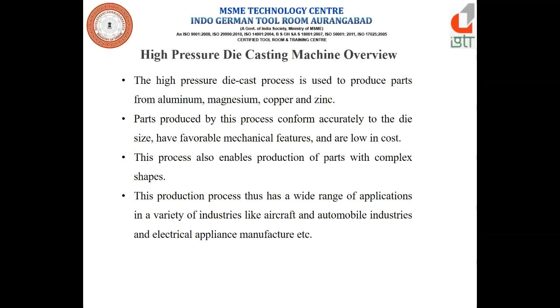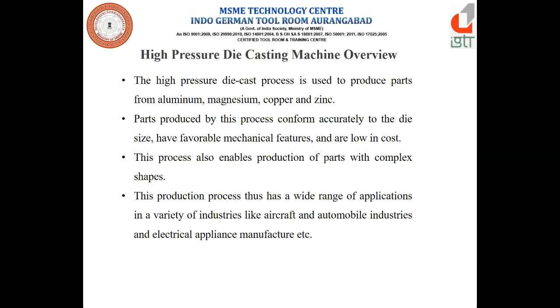This high pressure die casting process is generally used to produce parts from metals such as aluminum, magnesium, copper, and zinc. In this process, the molten metal is forced into the die with high speed and high pressure.